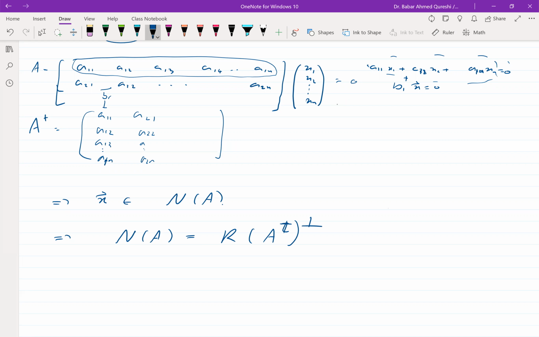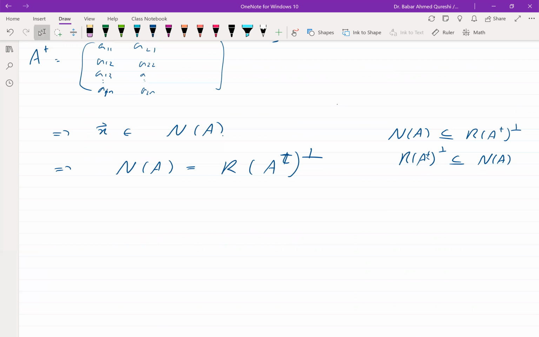Because previously we had proved that the null space is contained in the A transpose complement. Now we have proved that the complement is contained in the null space. So they are equal.